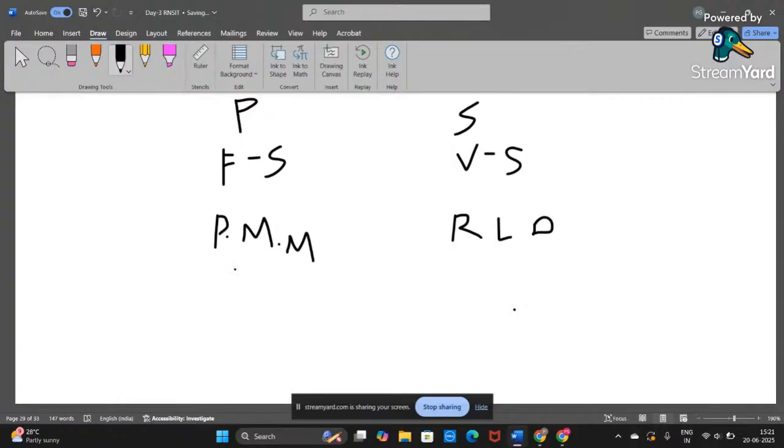The logical address in paging will be page number plus offset. And the logical address in segmentation will be segment number plus offset.